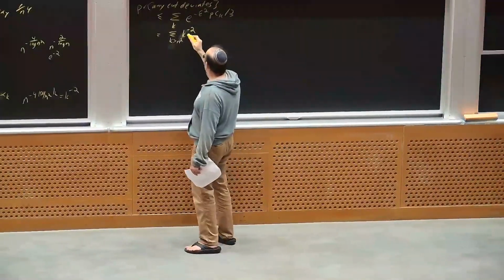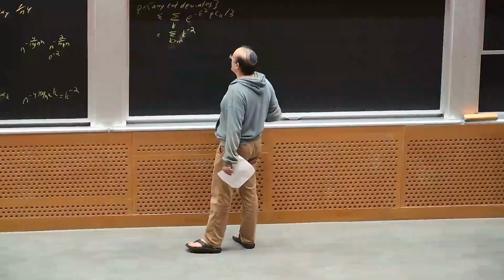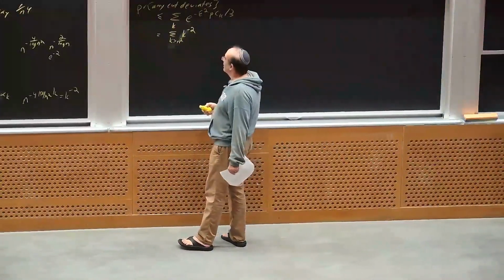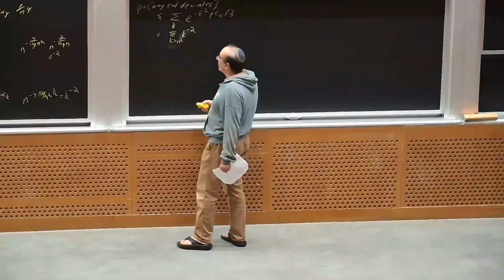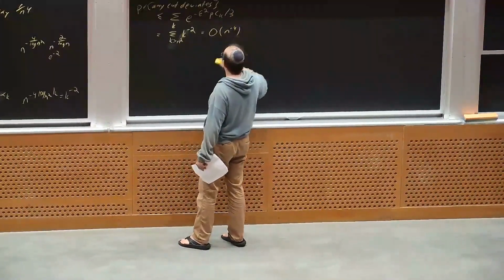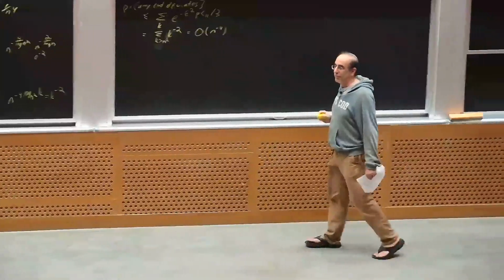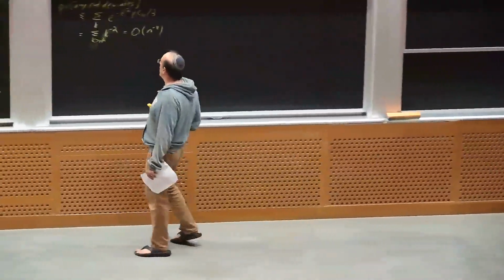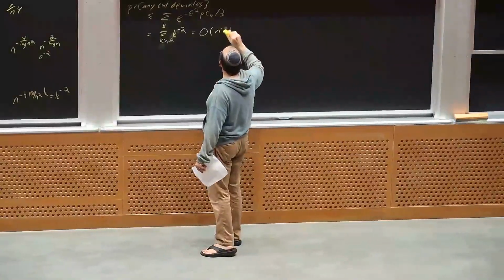And so now we just have this geometric sum whose first term is n to the minus 4, right? So this is just going to be order of n to the minus 4. Or sorry, it's n to the minus 3, right?